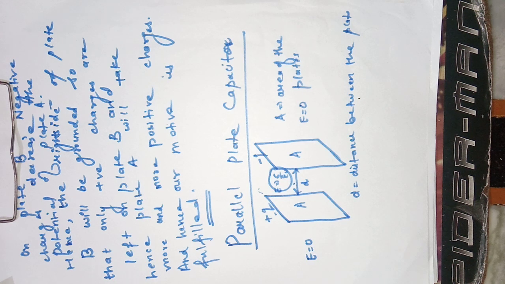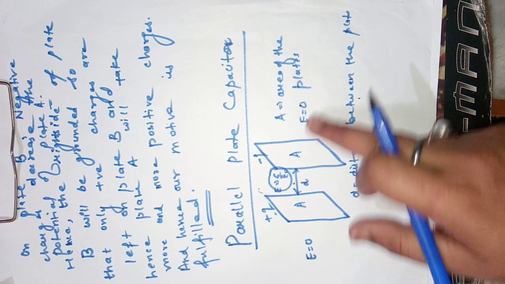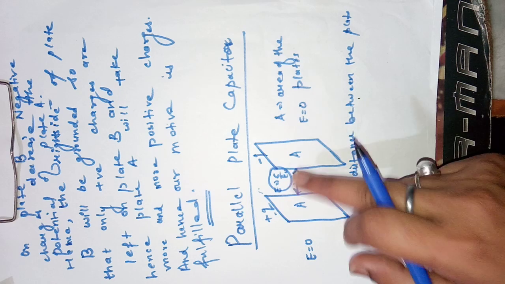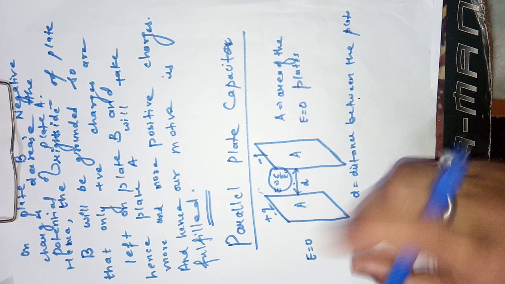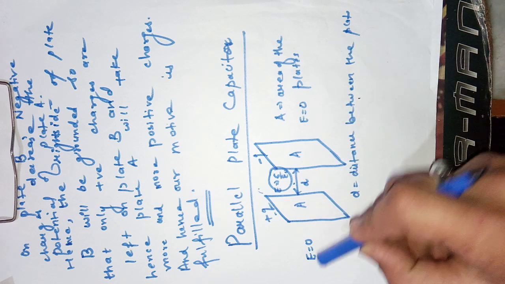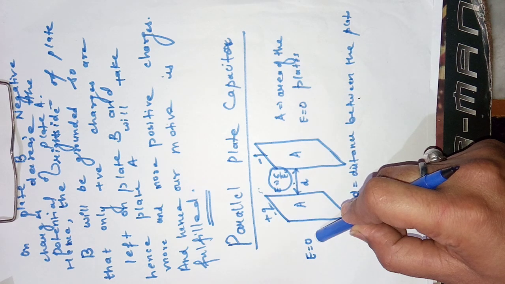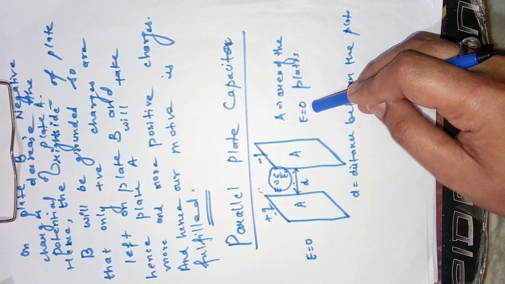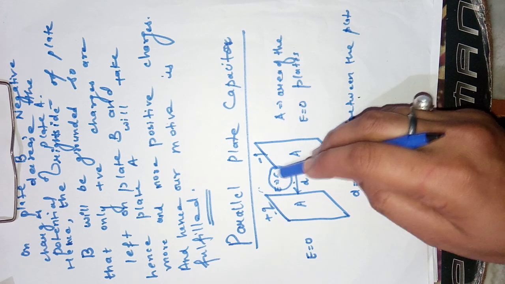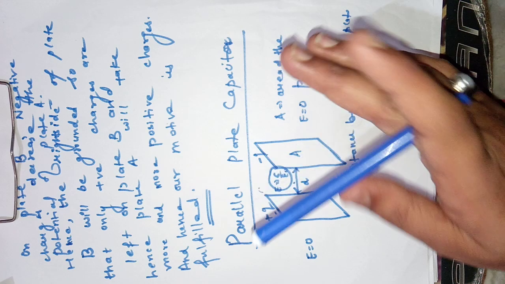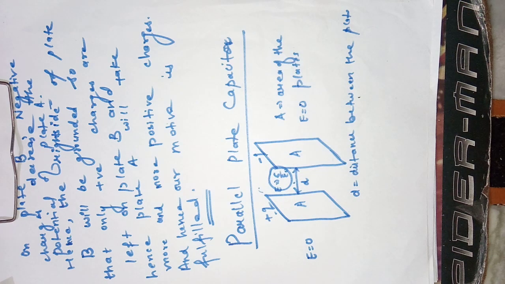In that case, we calculated the value of electric field for the three portions, and thus we got the three values. We have zero electric field at this point, and zero electric field at this point, and the value of electric field in the middle is equal to sigma by epsilon naught. This is what we are done with.